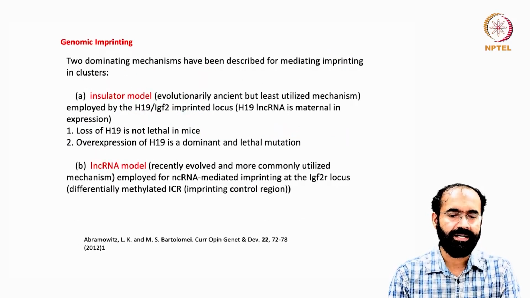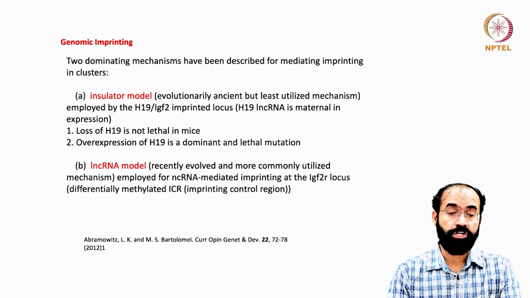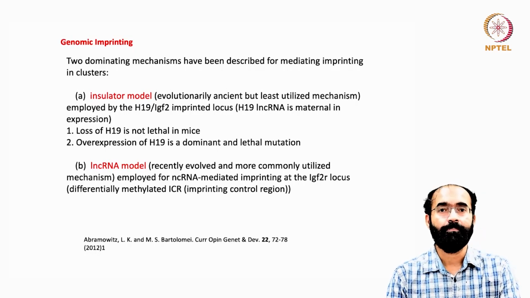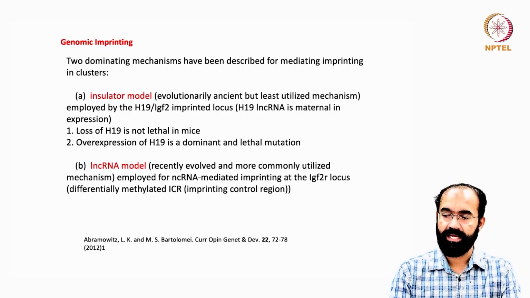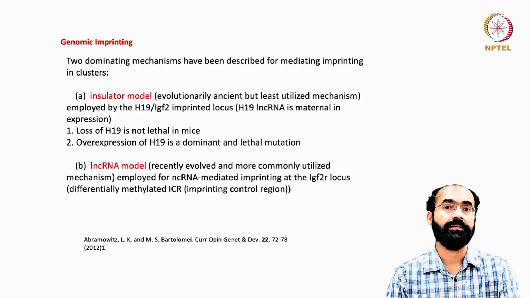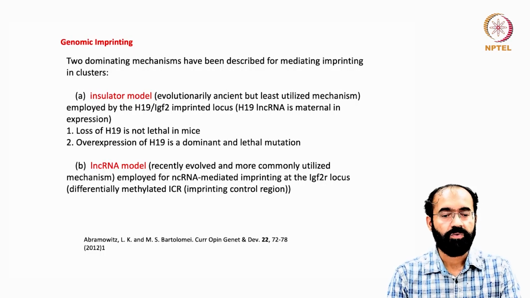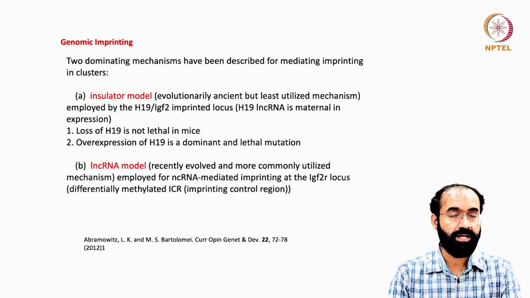So for genomic imprinting, 2 dominating mechanisms have been described for mediating the imprinting clusters. Like we already said, the imprinting control region plays a major role in governing the status of imprinting. So one model is the insulator model.